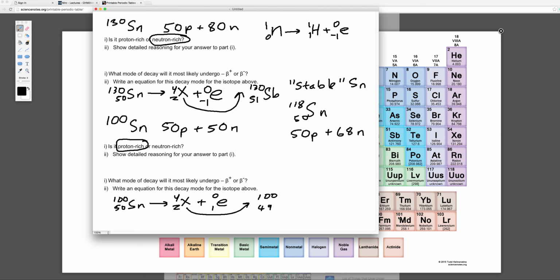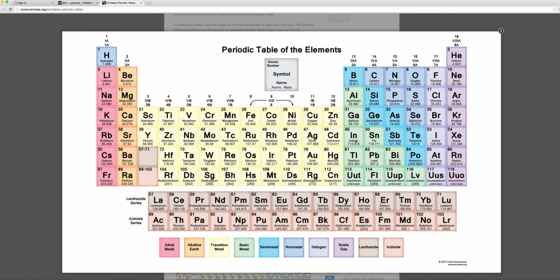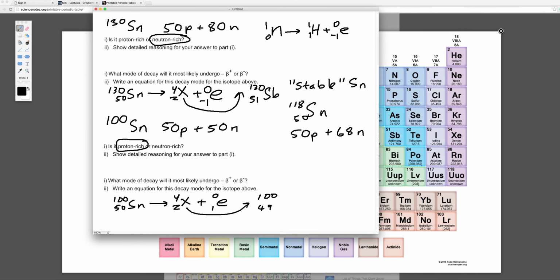The element we're looking at here is going to be IN, or indium. And that would complete that equation.